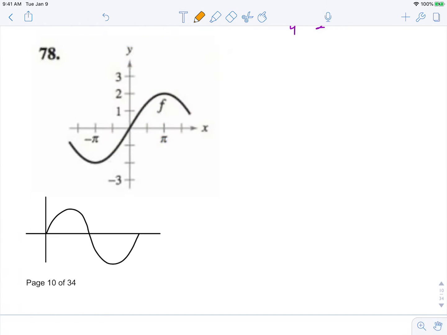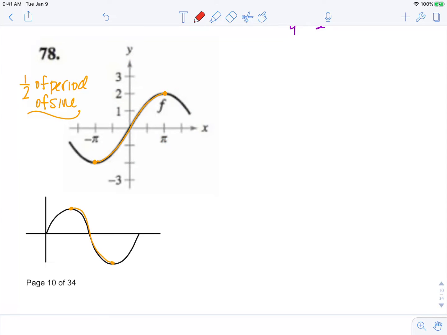Now, I can see that from negative pi to pi, this curve here correlates to half of a sine curve. So this is actually 1/2 of a period of sine. And we'll use that when we're calculating our period.